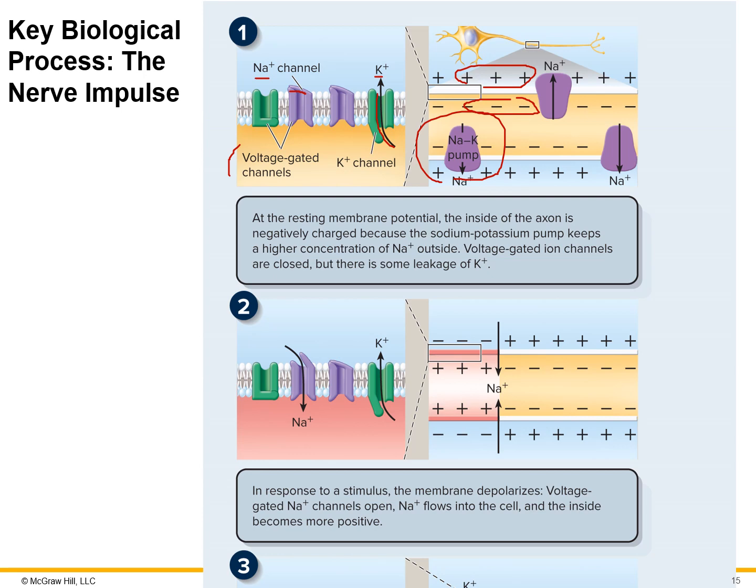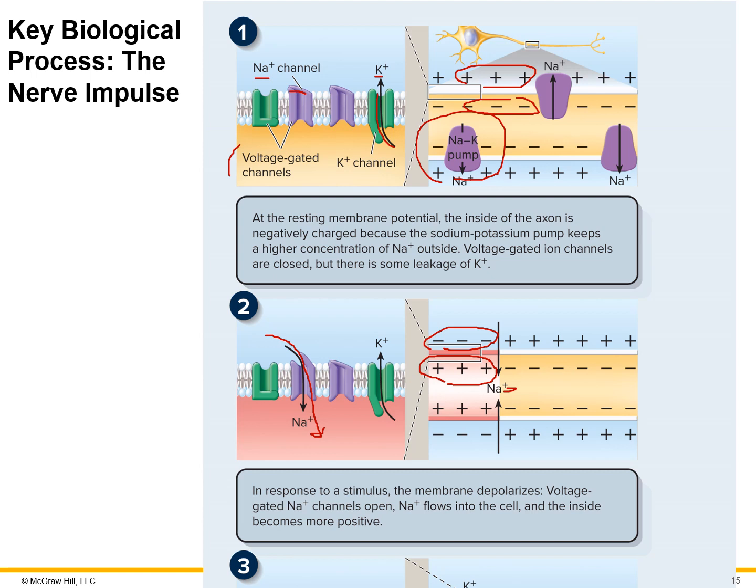All right, when there's some type of event, so again, touching something hot or some type of activity, there's an influx here of sodium into the cell. Now, as sodium comes in, what it's showing over here is now the inside is more positive, the outside is more negative, because again, sodium is positively charged.